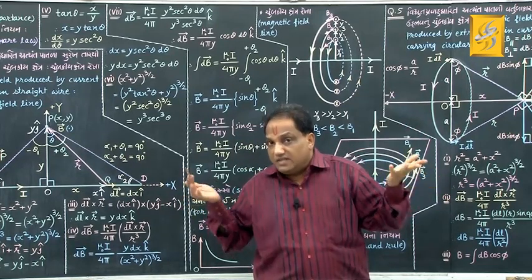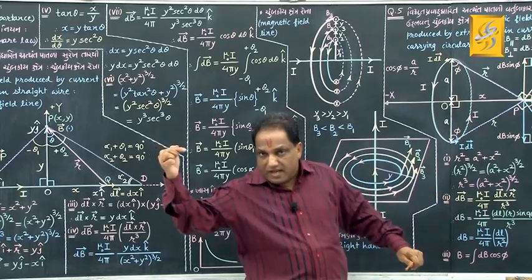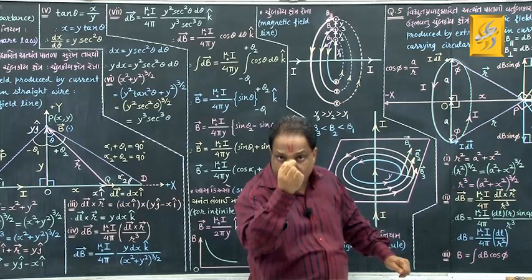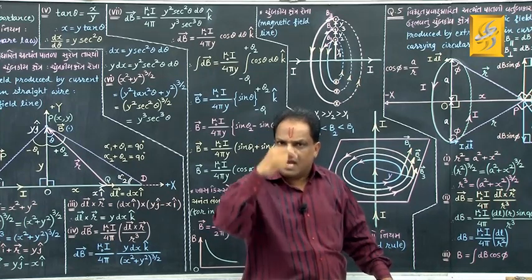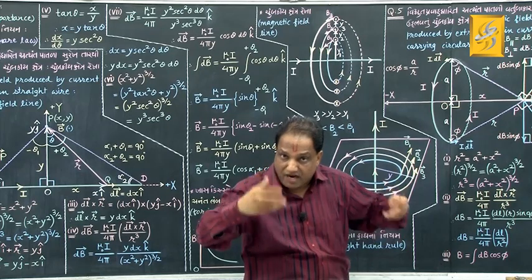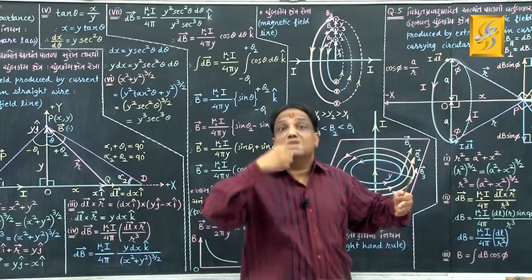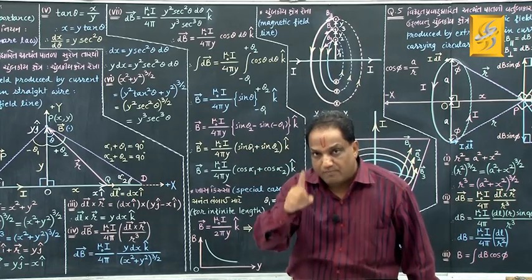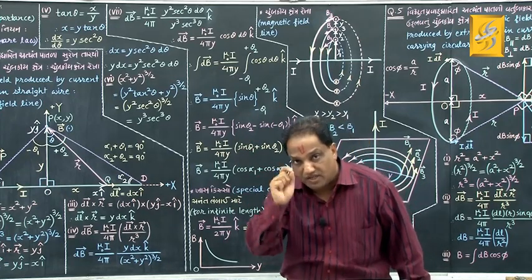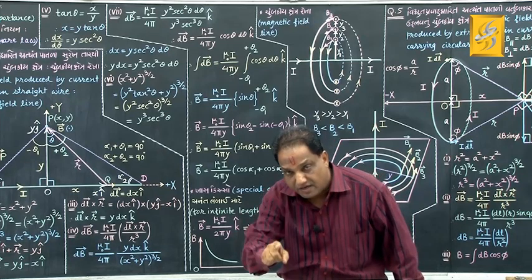So here, in the case of a current carrying extremely long thin wire, the magnetic field is produced around the wire with circular magnetic field lines, correct?